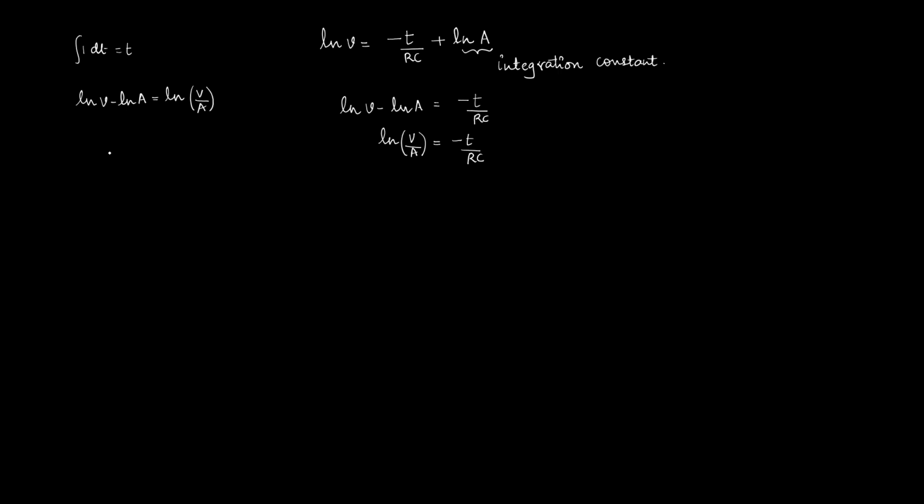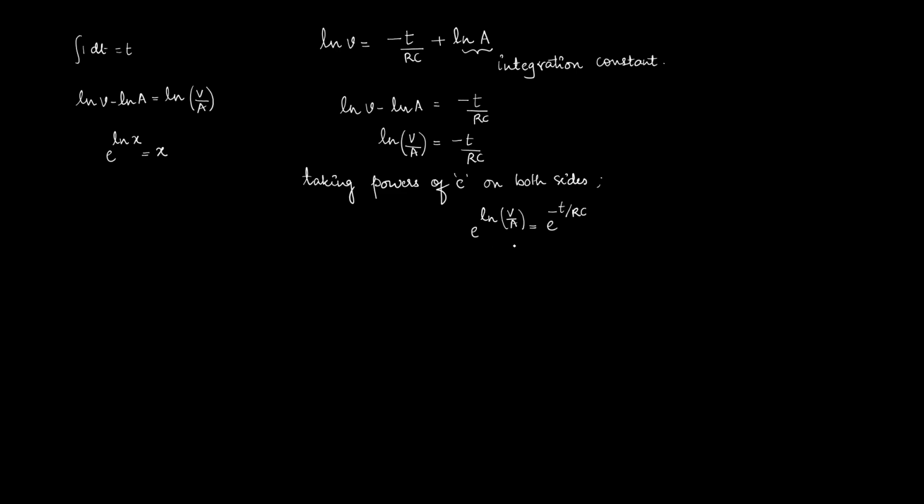Now since e power ln x is equal to x, we can write this expression in terms of the exponential term. That is, we will take the powers of e. Taking powers of e on both sides, the above expression can be written as e power ln of V by A equal to e power minus t by RC.